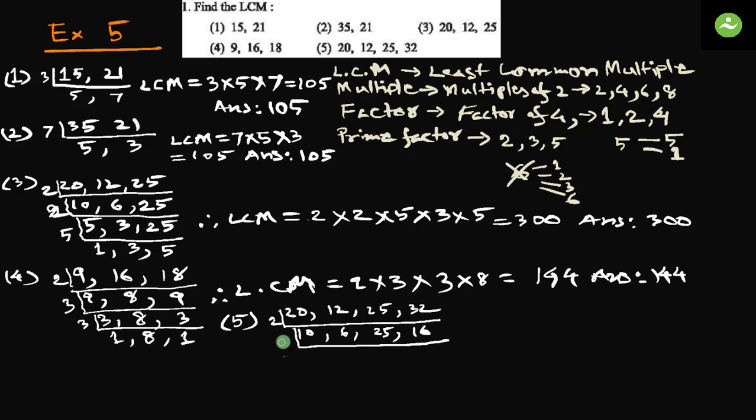Divide again by 2. 5 into 2, 3 into 2, bring down 25, 8 into 2.